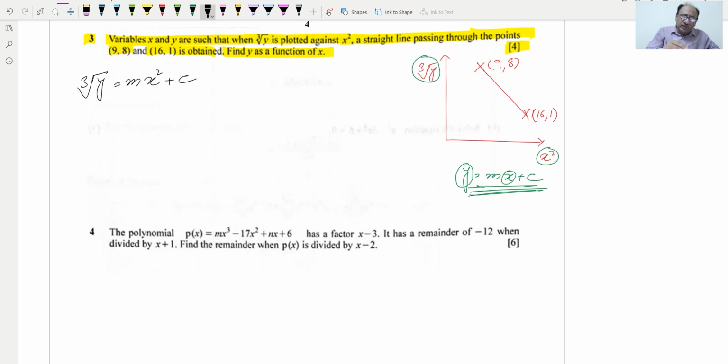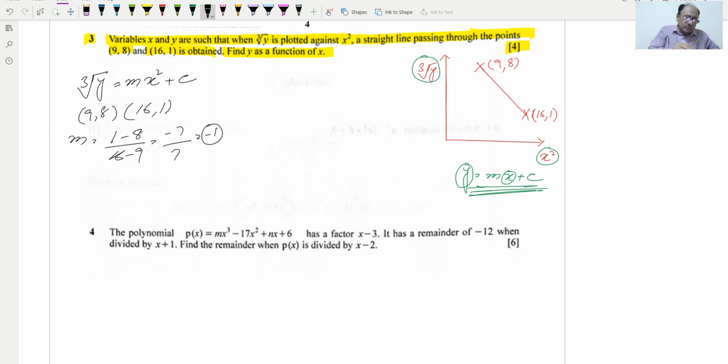We have 2 points given: 9 and 8, and the second point 16 and 1. We can find the gradient: m is equal to y2 minus y1 over x2 minus x1, which is minus 7 over 7, so m is equal to minus 1. Now we can find the value of c also. We replace the gradient and take any point.